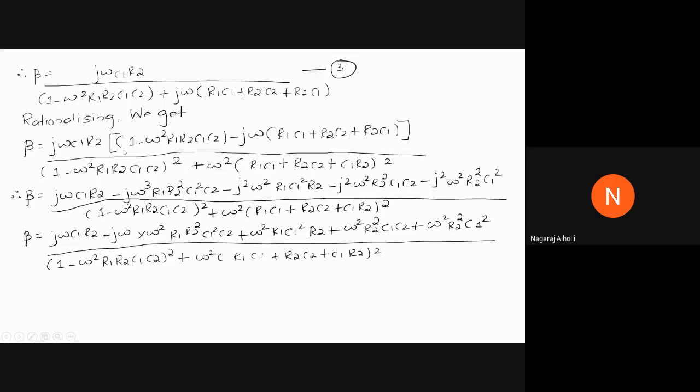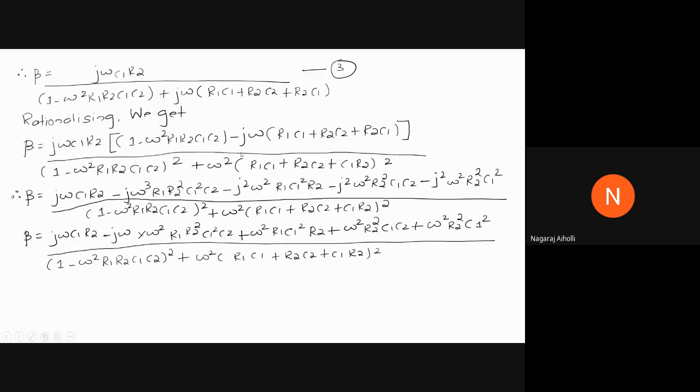So j omega c1 r2 is multiplied inside. Multiplying by minus j omega r1 c1, it will be minus j square omega square c1 square r1 r2. Similarly, multiply j omega c1 r2 with minus j omega r2 c2, and minus j omega r2 c2.